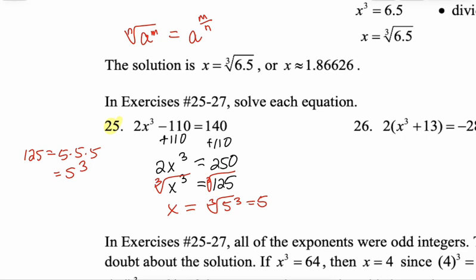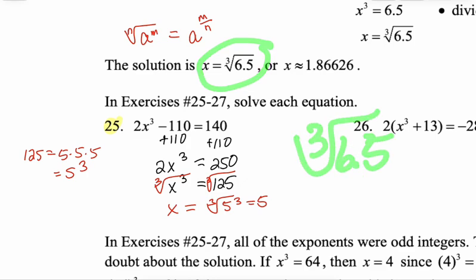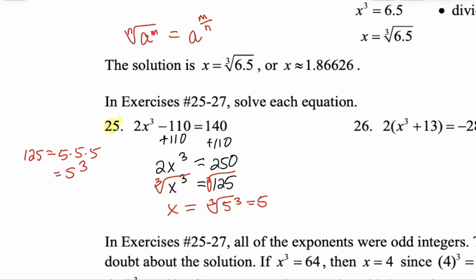Oh, so if it's not perfect like that, like if you get the cube root of 6.5, which is nothing great, you're just going to have to use a calculator. For iMath, you probably can just put that in. If you use that little yellow box where the equation editor comes in, the cube root is probably an option.